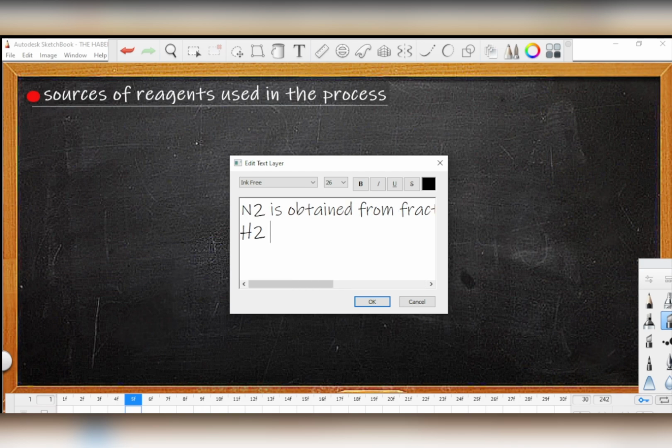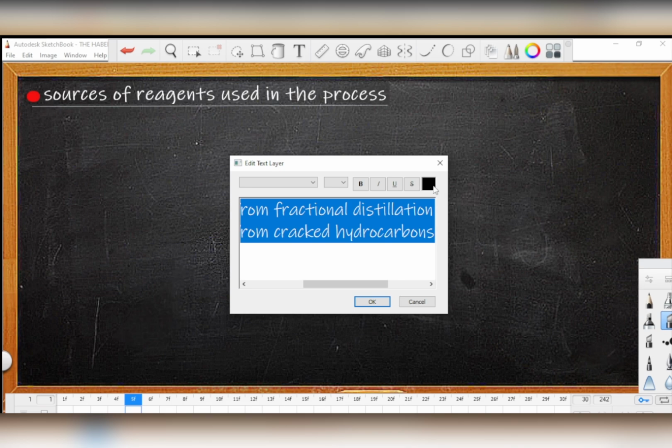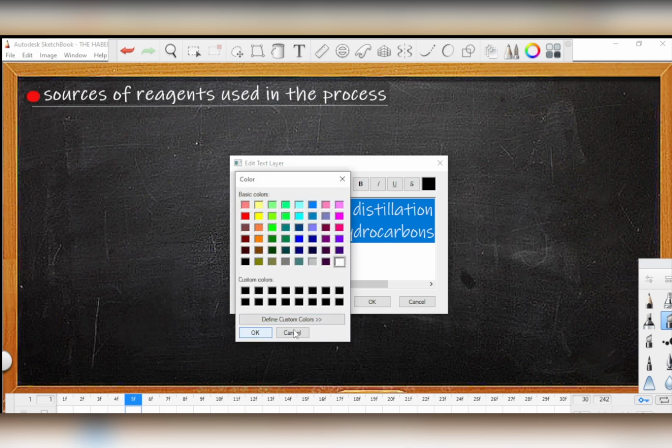And then hydrogen is obtained from cracked hydrocarbons. When you crack a hydrocarbon, you can get hydrogen.